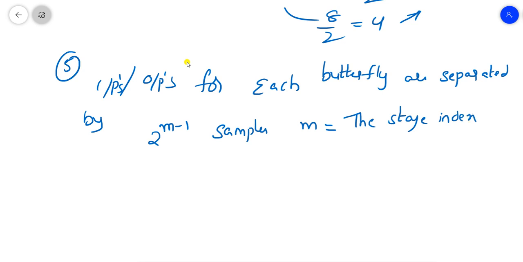Okay, so in the previous step we defined how many stages occur. So the total number of stages are 3.